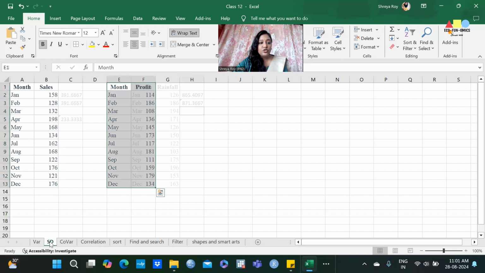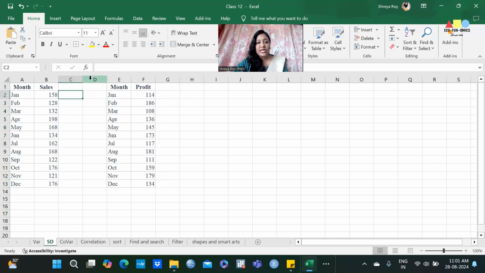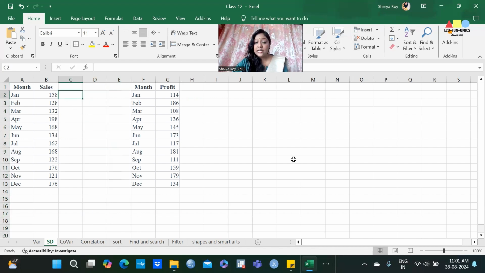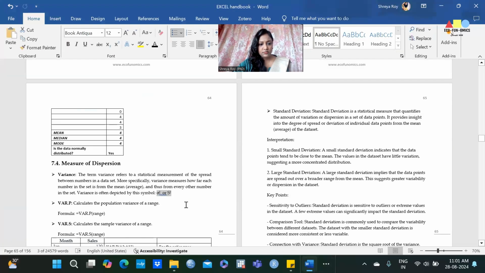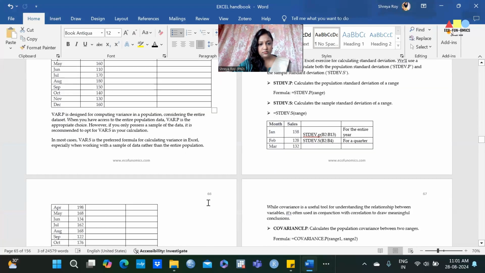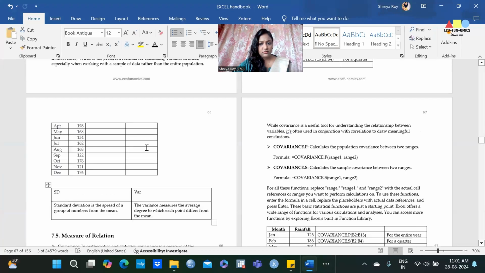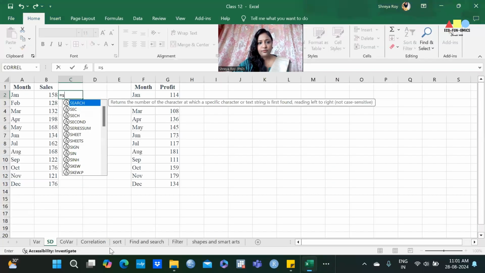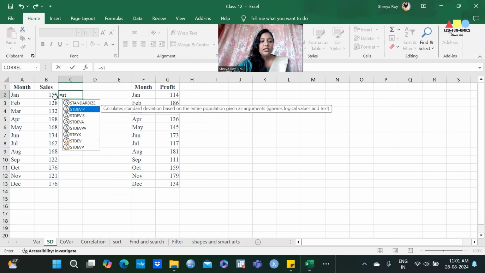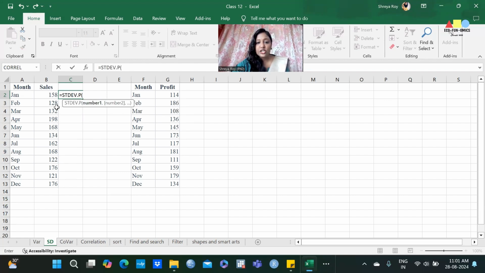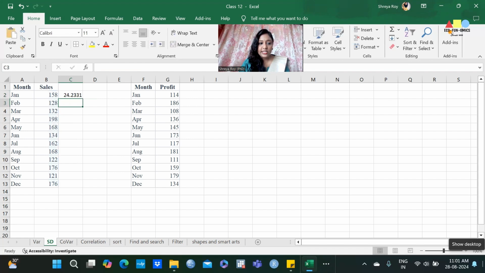Moving to standard deviation, which basically calculates how far your data is scattered from the mean: =STDEV.P, standard deviation population, select the entire data range, close bracket, enter.